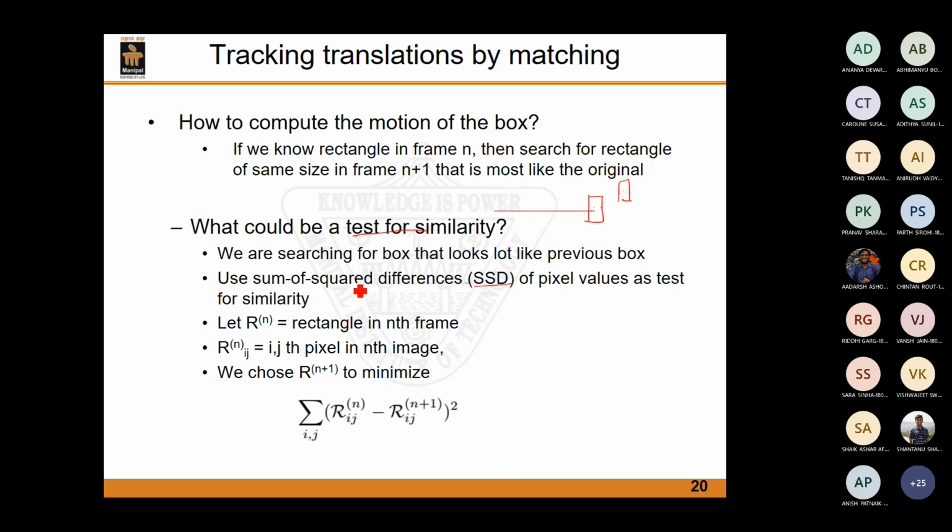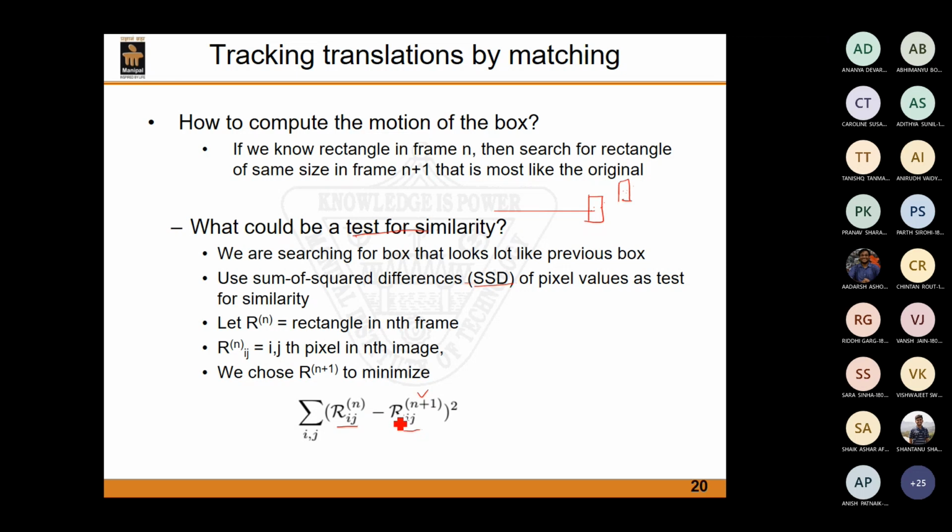SSD stands for sum of squared differences, a term which we have already seen earlier in one of the lecture classes, right? As you see over here, this is one particular patch in the nth frame, and this is another patch in the n plus 1th frame, and we are assuming that these patches are near to each other, right?